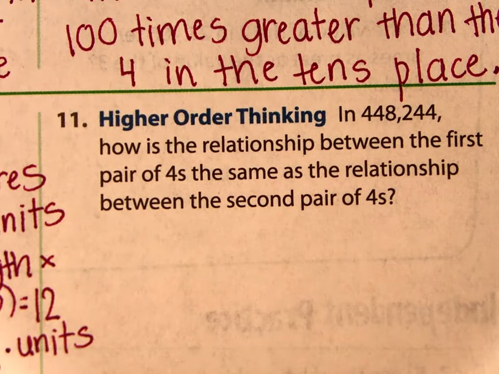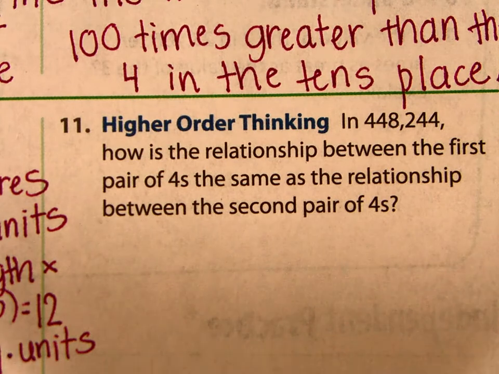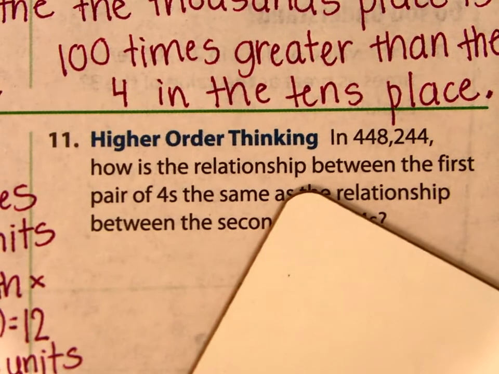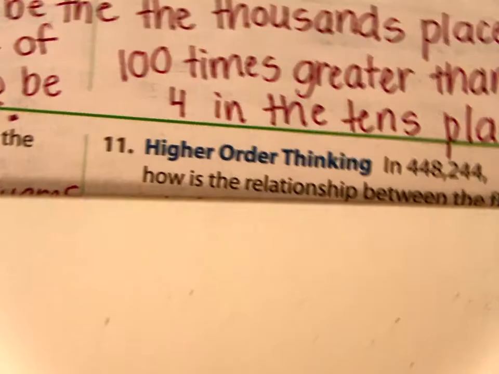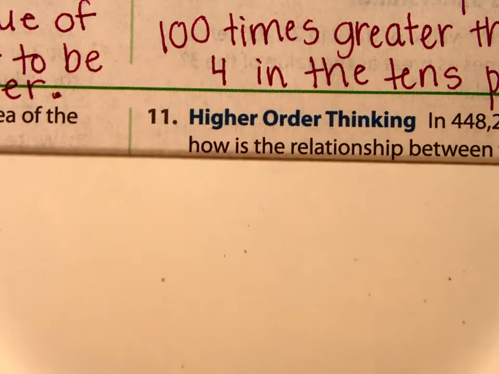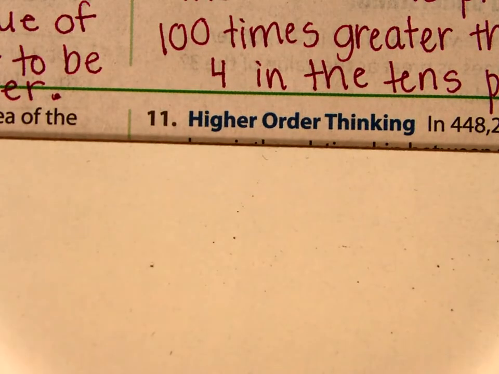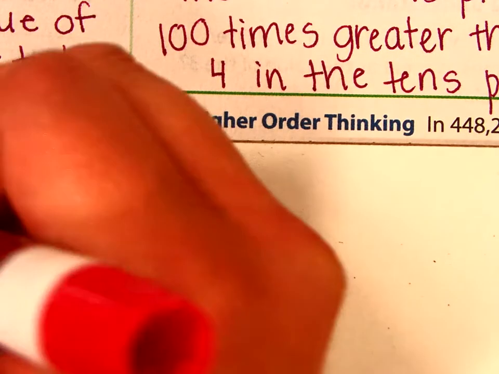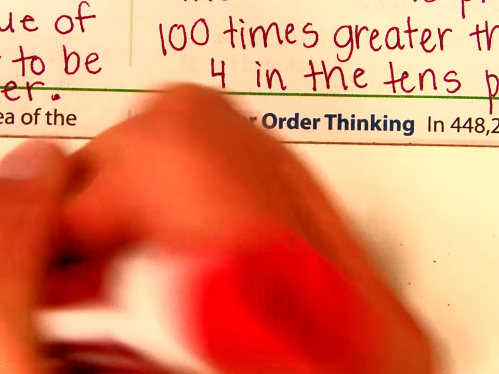So we're going to take it back for a minute, back to a previous lesson where we were learning how to read and write numbers. So I'm going to rewrite this one: 448, and then a comma, and 244.